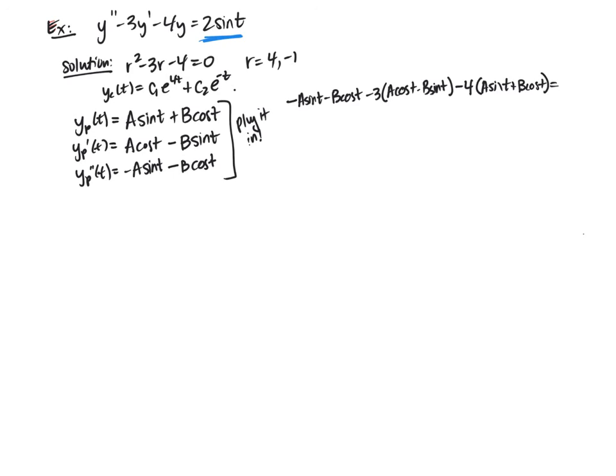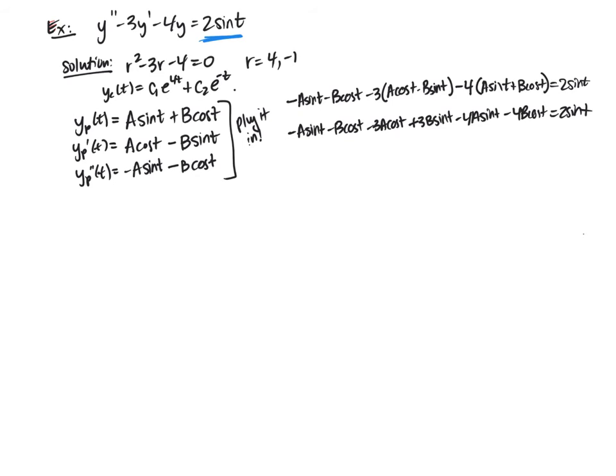And I want to set that equal to 2 sine t. Okay, so what I want to do now is multiply everything out and combine all of the like terms. So I end up with negative a sine t minus b cosine t minus 3a cosine t plus 3b sine t minus 4a sine t minus 4b cosine t equal to sine t.